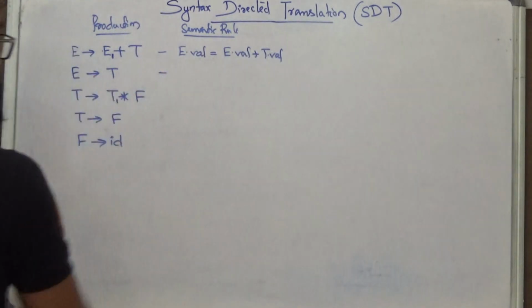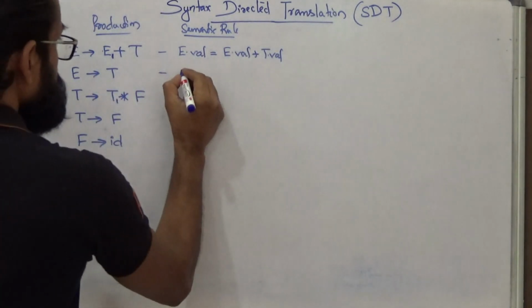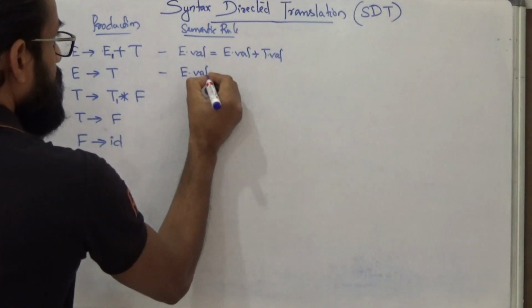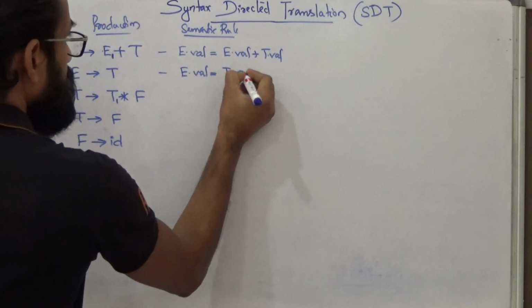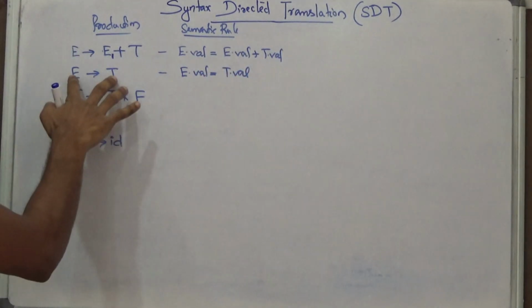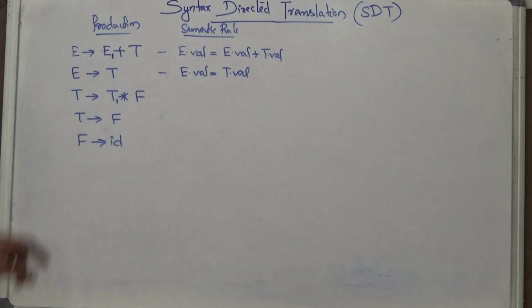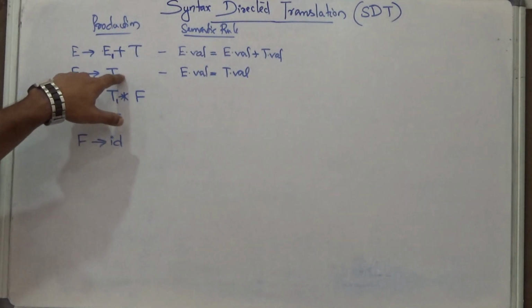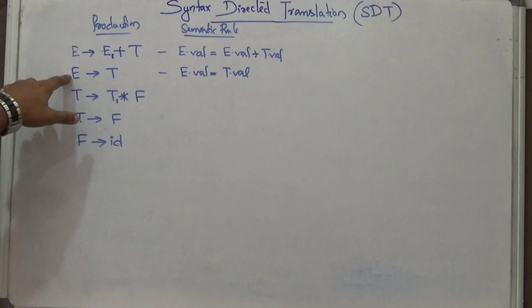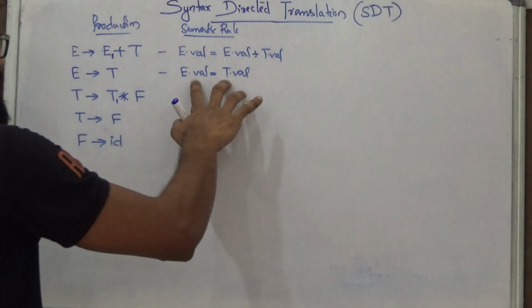If you consider this production, the associated semantic rule is E.val is equal to T.val. It's clear that the attribute value associated with T will be directly given to E. That is the reason for writing the semantic rule.